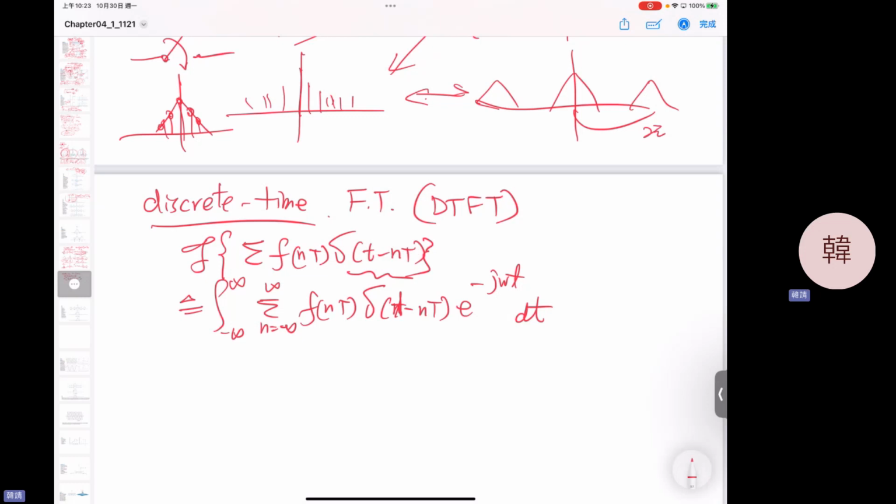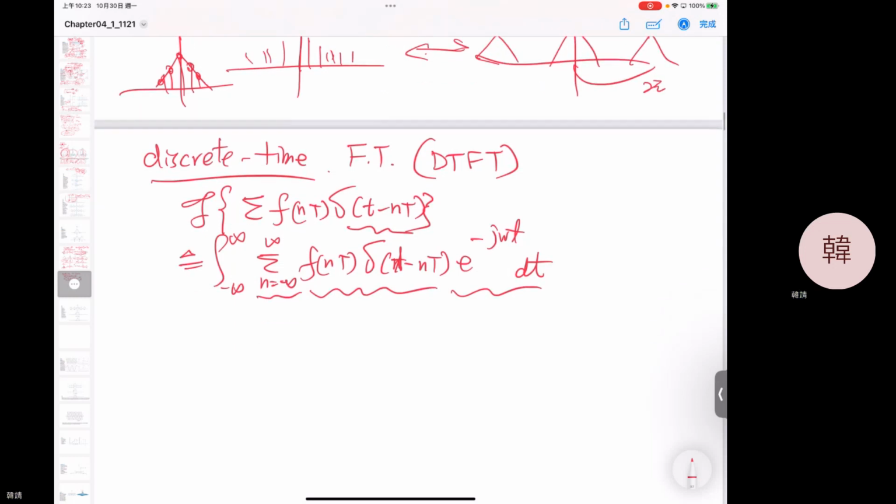The result is a sampled function, like this one, from minus infinity to positive infinity. And the Fourier transform has e to the minus j omega t. So what's the result? Actually, you can see every sampled signal becomes a constant. It's not a time dependent function anymore.